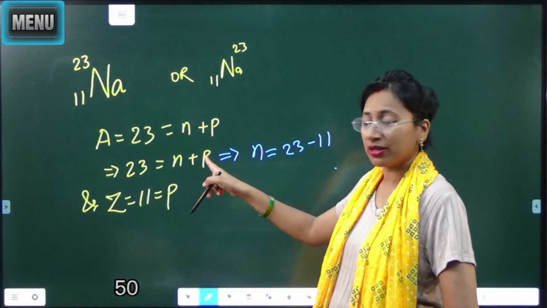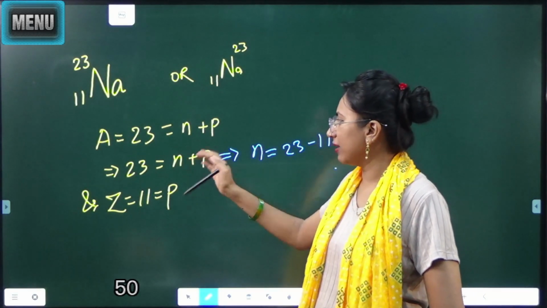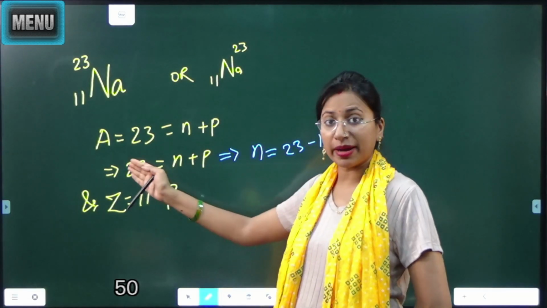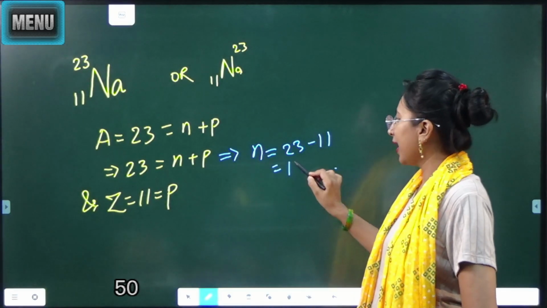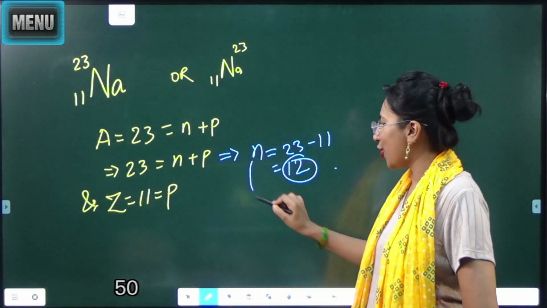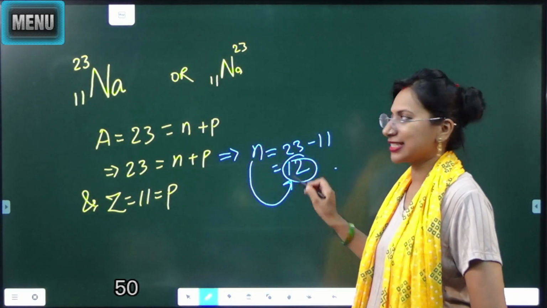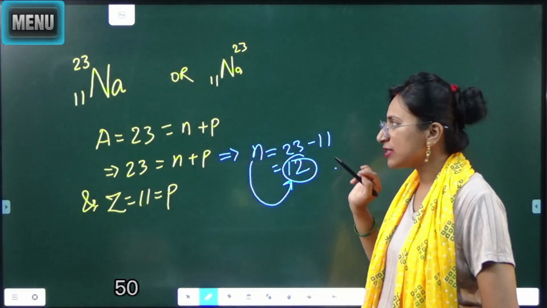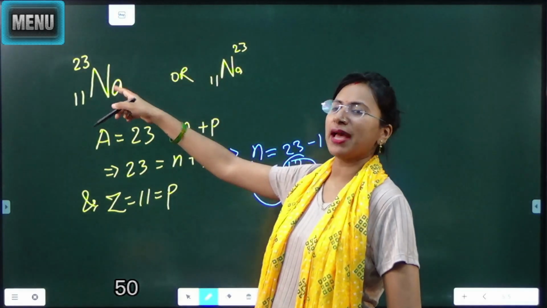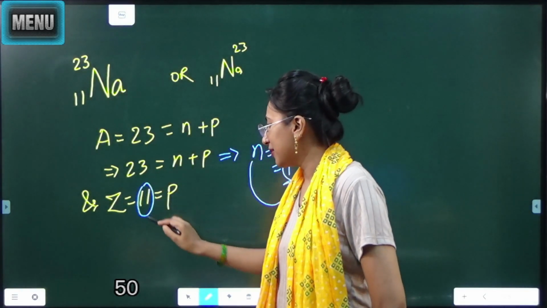If you put p equals 11 here, n will be equal to 23 minus 11. Just use simple maths. And the number of neutrons you can calculate as 12.